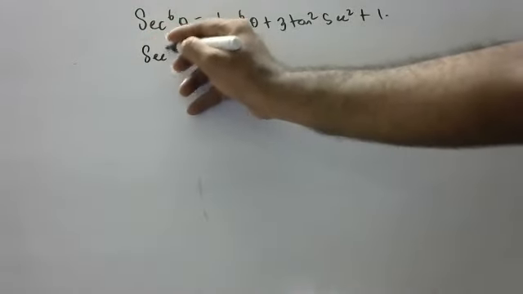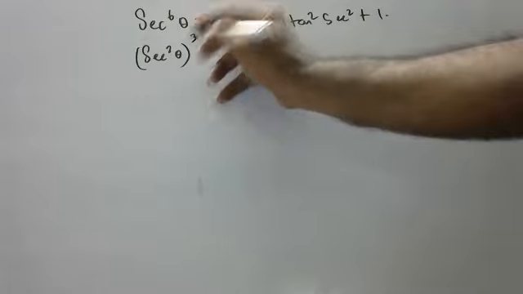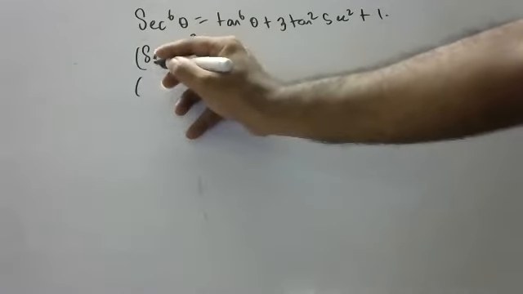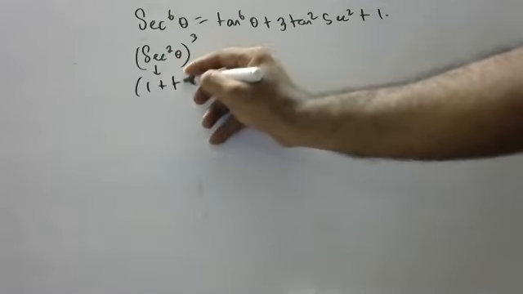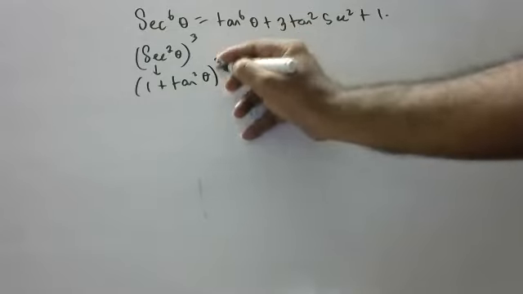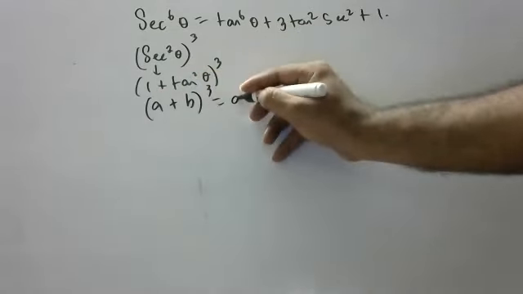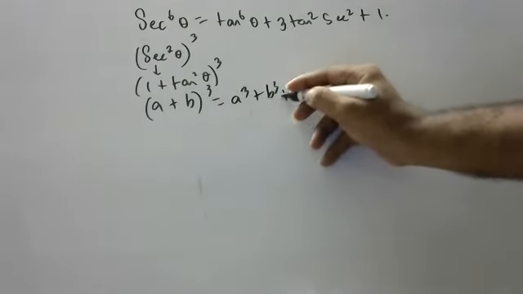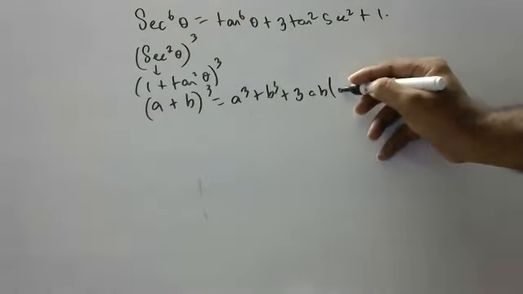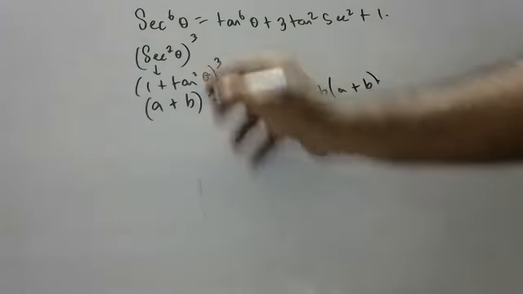Sir, secant 6 theta we can write as secant square theta whole cube. So secant square theta we can also write as (1 plus tan square theta) whole cube. It is in the form of (a plus b) whole cube. So a cube plus b cube plus 3ab into (a plus b). Substitute.